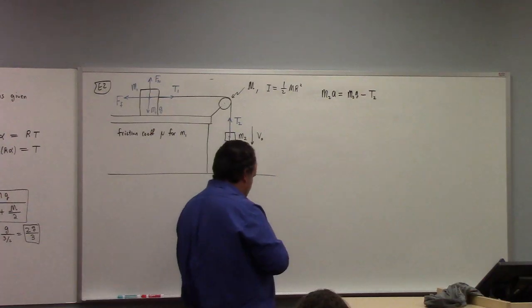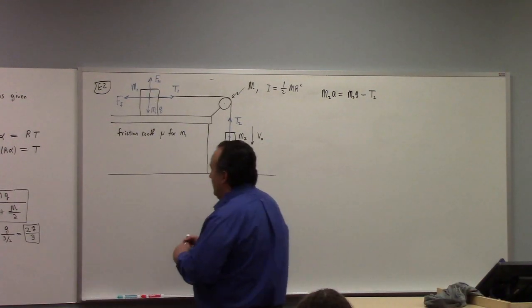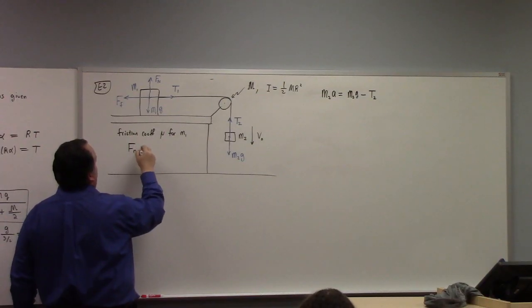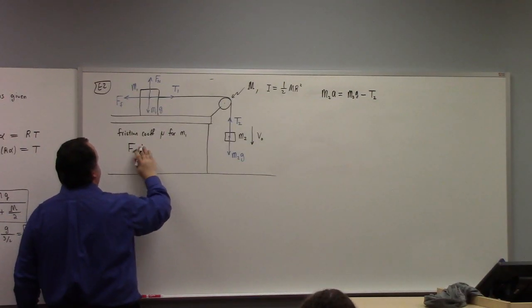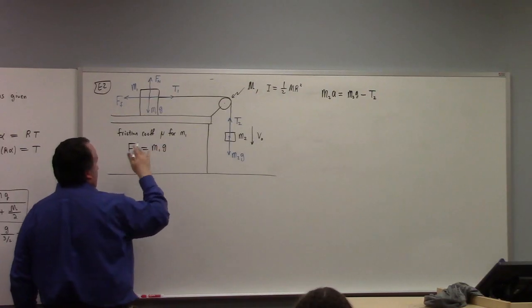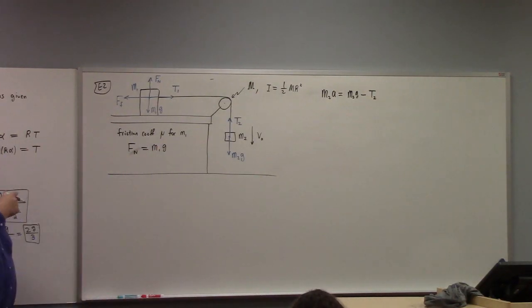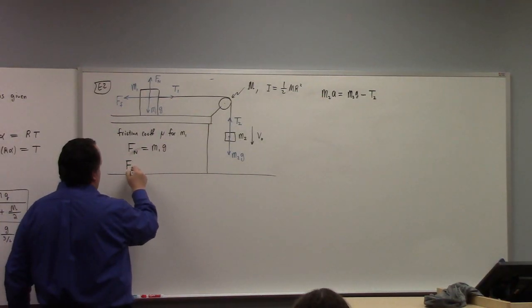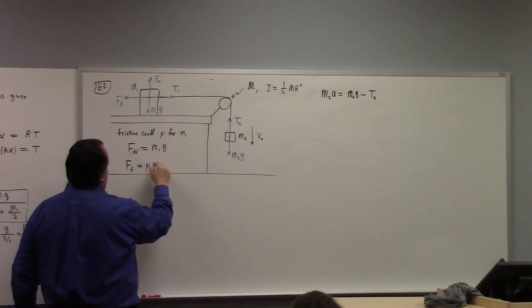So that, lo and behold, there's a couple things that I learned from this. One of the things I learned from this is that the normal force is what? It is M1G, because we're on a horizontal plane, and so the normal force is the weight, thankfully, which means the force of friction we can straight calculate as mu times M1G.